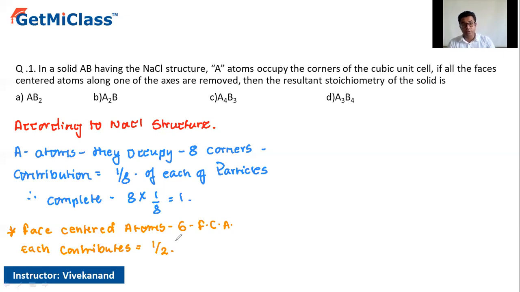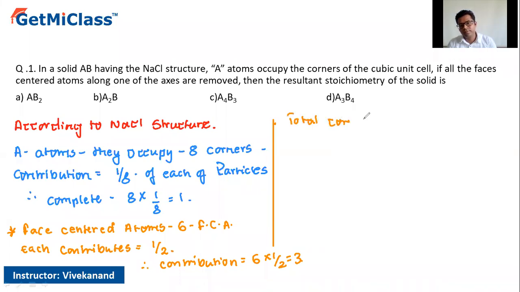So the contribution is going to be 6 into 1/2, and that is going to be 3. So the total contribution of both of them is equal to 1 plus 3, and that is going to be 4.